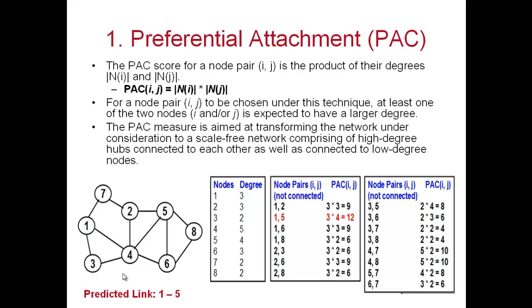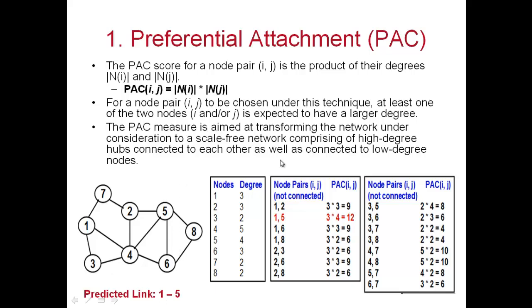Again, we are doing a prediction, we are not saying 100% sure that this is the link that will form. The link that will form could be different from what you predict. Later we'll analyze the efficiency of each of these techniques.